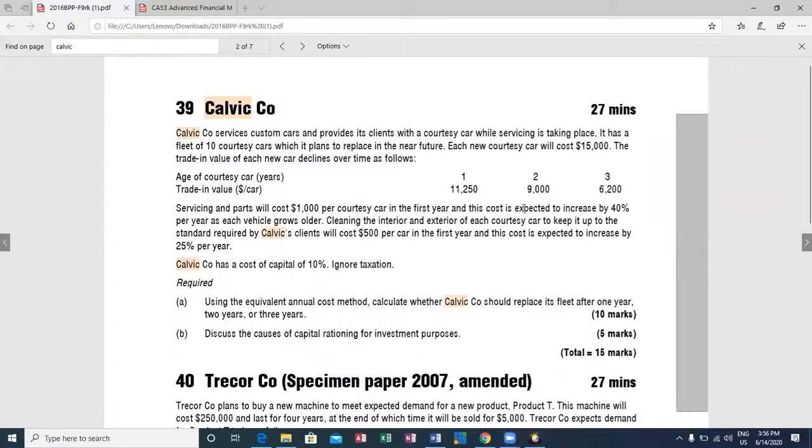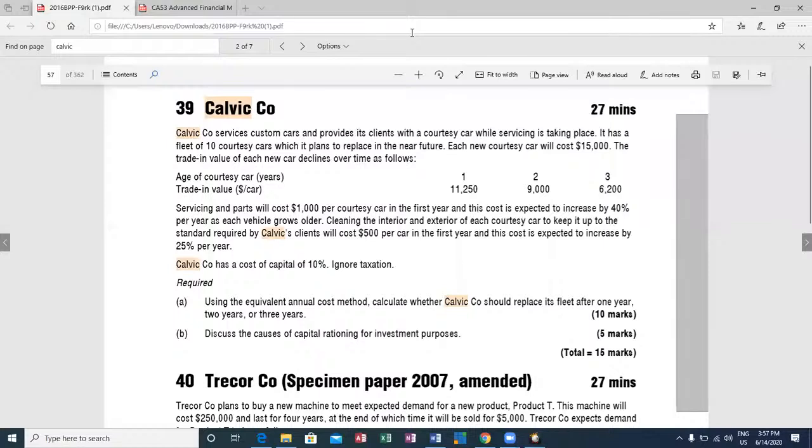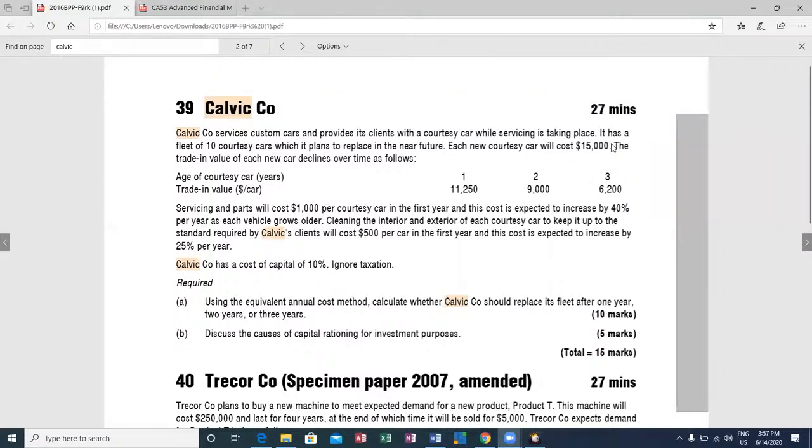Calvic Company Limited, question number 39, where we are required, using the equivalent annual cost method, to calculate whether Calvic Company should replace its fleet after 1 year, 2 years, or 3 years. So they're telling us, ladies and gentlemen, that Calvic Company services custom cars, and it provides its clients with a courtesy car while servicing is taking place.